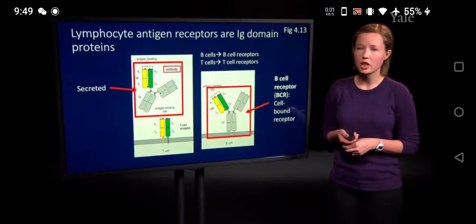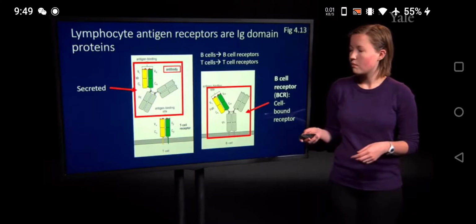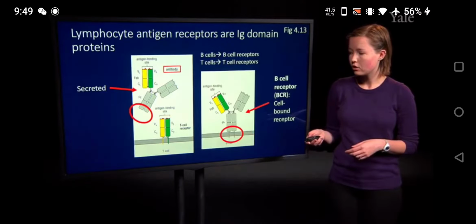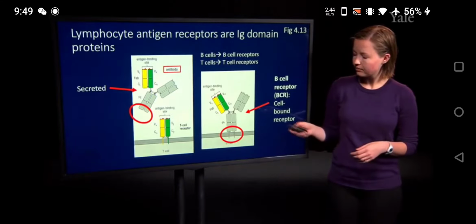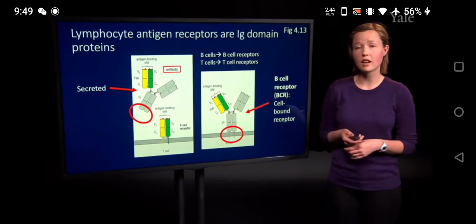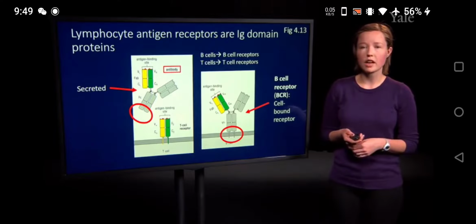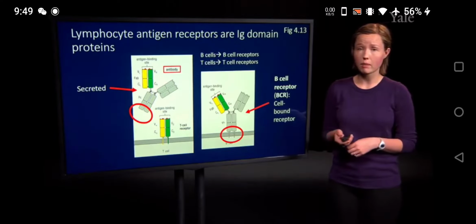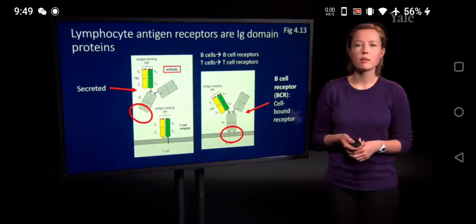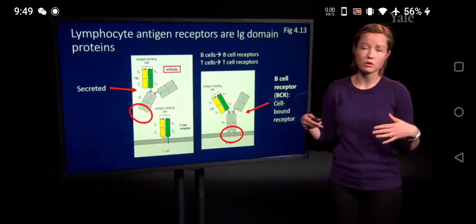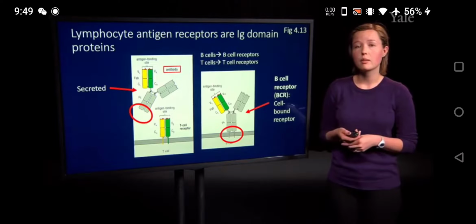The major difference here is if you look at the end of the proteins, the one that's attached to the B-cell has this transmembrane domain, which keeps it anchored in the cell membrane, whereas the antibody over here is lacking that transmembrane domain, so it will be directly secreted from these activated later stage B-cells.